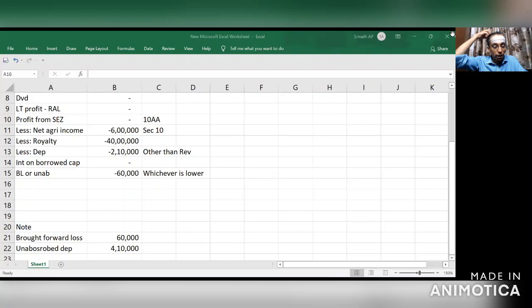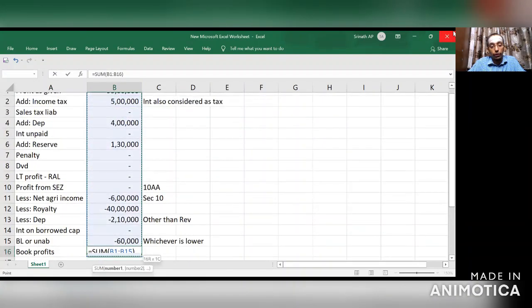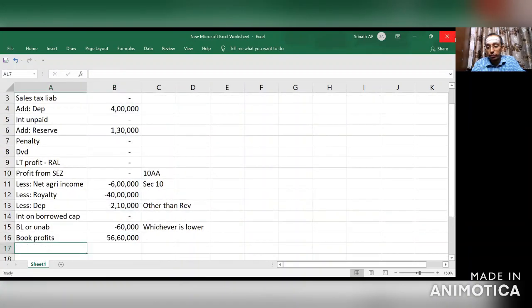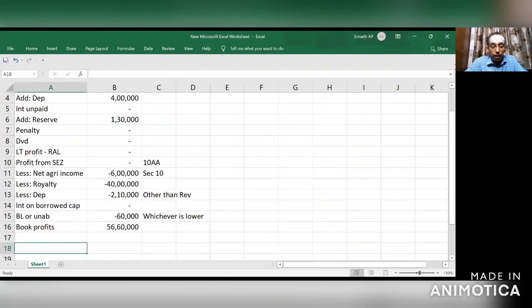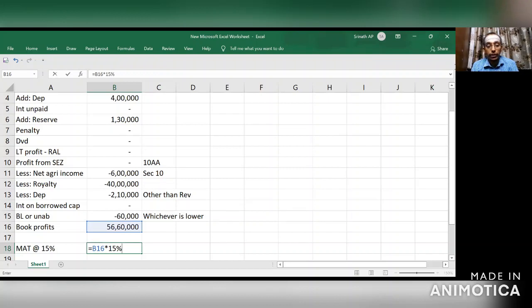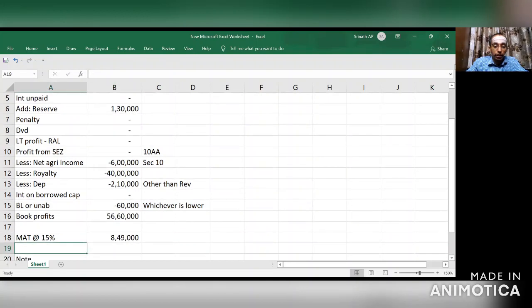Now, quickly, these are the various adjustments that we have got for this particular problem. Then after that, what you will get would be book profits. So you will have to compute the book profits. Then MAT at the rate of 15%: 56 lakh 60,000 multiplied by 15%.